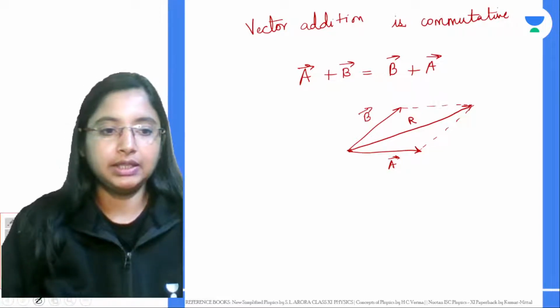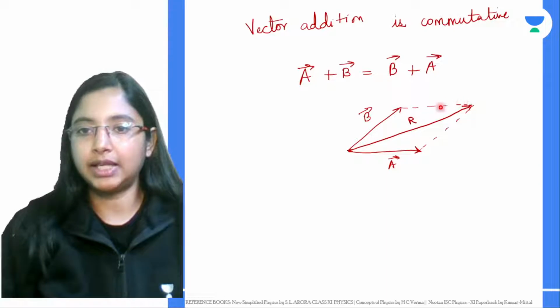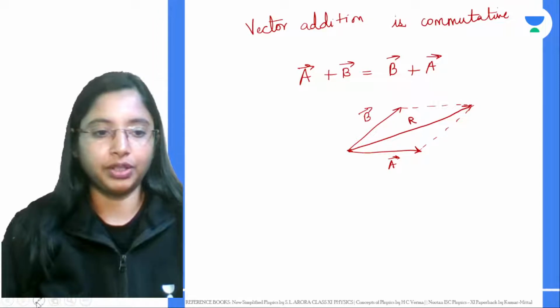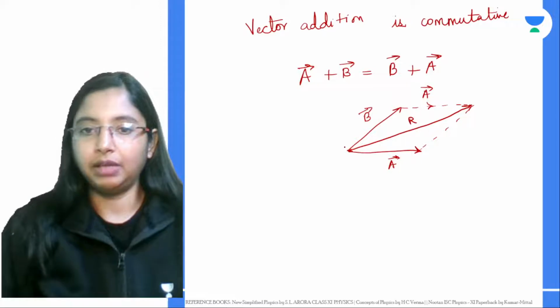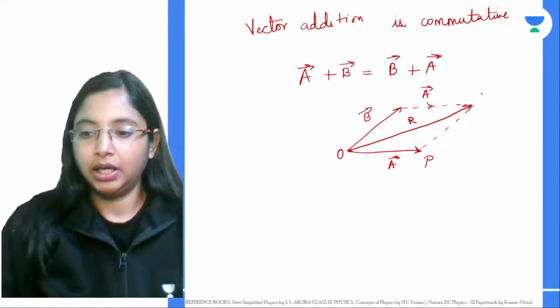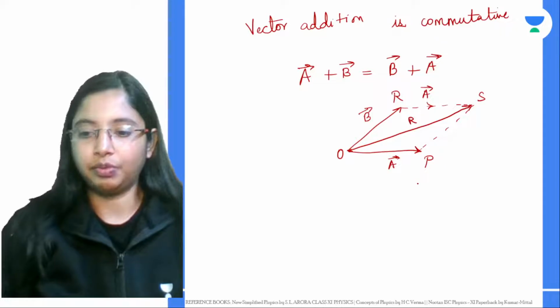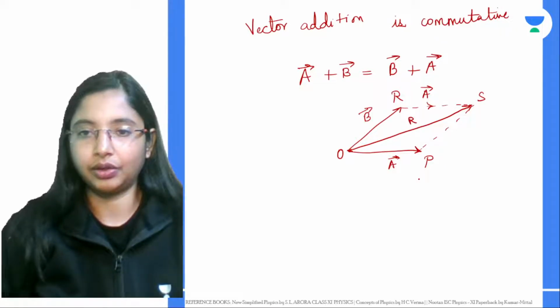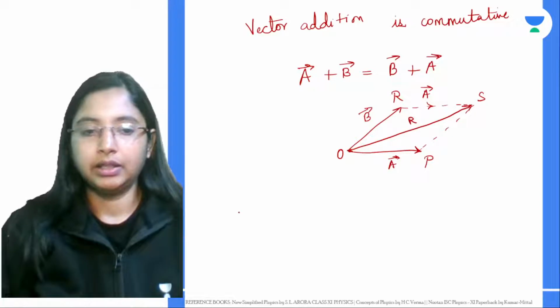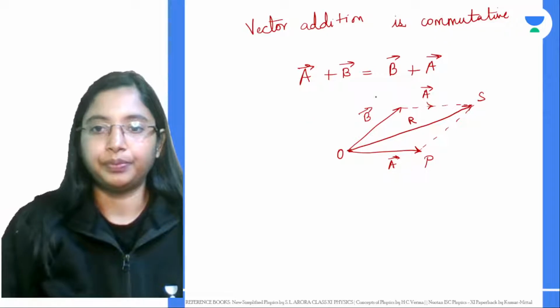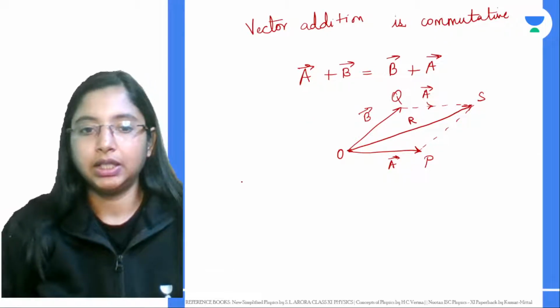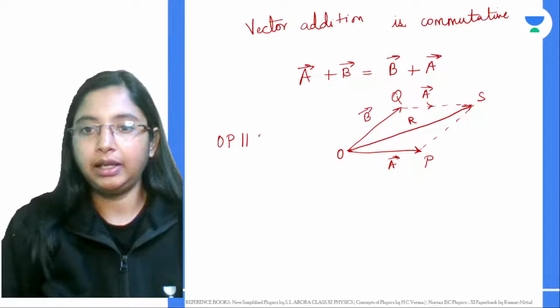Now, if you see this length over here, because it's a parallelogram, these two sides are equal and these two sides are equal. So this length is equal to this length over here. If you give names, let's say O, P, S and Q are the four sides of the parallelogram. Now, we are using R for resultant, so let me replace that with Q. Now, this side OP is parallel to QS, also OP is equal to QS.